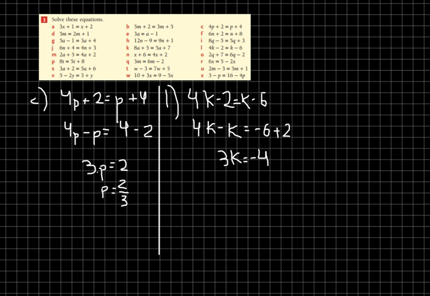So the answer is -4. Once again, we have a 3 which is multiplying, so it goes to the other side to divide. So we will have -4 divided by 3. And that's it. That's the end of that exercise. We can leave it like that. It would be okay. It's not necessary to put it in decimals. With a fraction, it's okay.